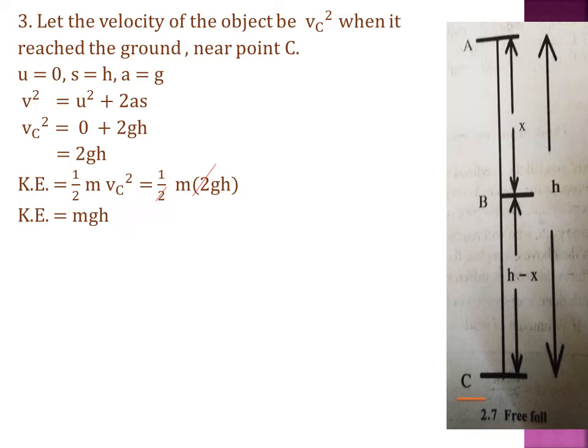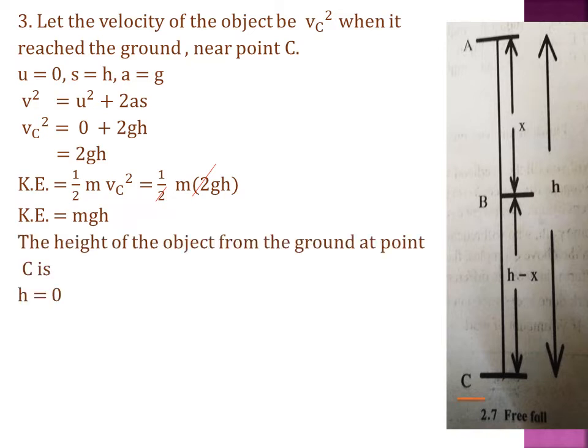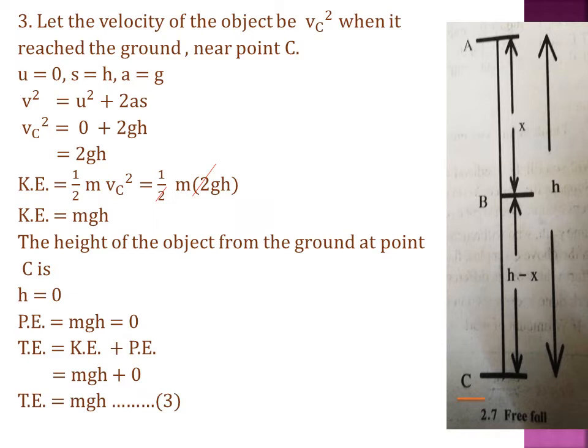So potential energy will be equal to 0 because height is equal to 0. Now total energy is equal to kinetic energy plus potential energy. So kinetic energy is mgh, potential energy is 0. So total energy will be equal to mgh. This is our equation number 3.